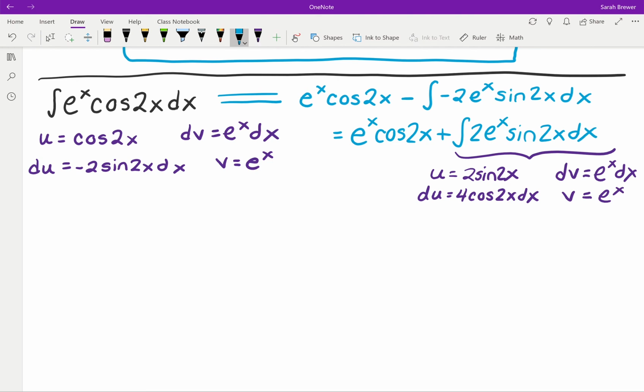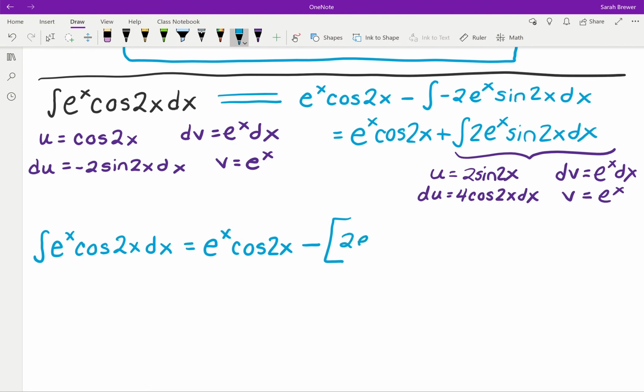All right, so what I'm going to do is I'm going to rewrite my problem, and I have the integral of e to the x cosine 2x dx is equal to e to the x cosine 2x minus, and this is where we have integral of u dv is equal to u times v, so 2e to the x sine of 2x minus the integral of v du, which is equal to 4 e to the x cosine 2x dx.